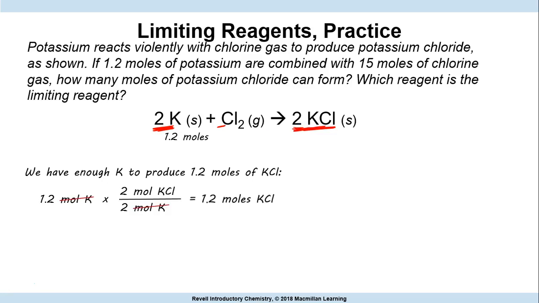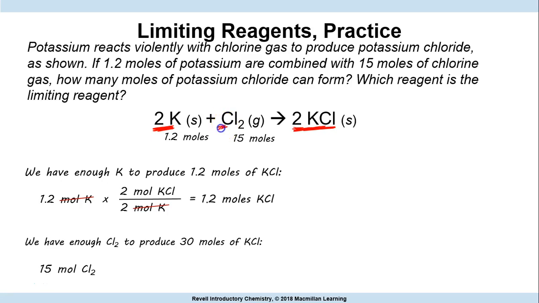Now, we also have to use the moles of chlorine that have been given and use the balanced equation to calculate the moles of potassium chloride. So we have 15 moles of chlorine. We are now using the conversion factor. We have 1 mole of chlorine gives 2 moles of potassium chloride.